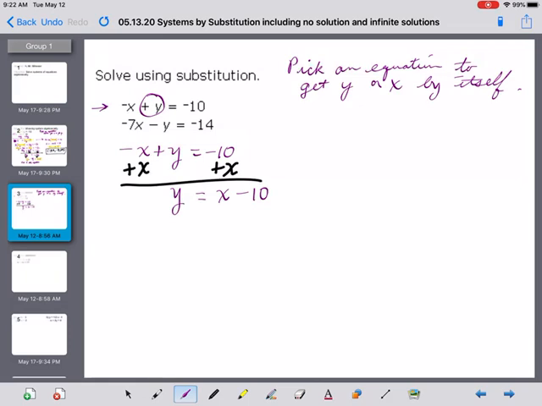Now, wherever you see the y in the other equation, you replace it with the x minus 10. So you get negative 7x minus, in parentheses, always put it in parentheses, equals negative 14.